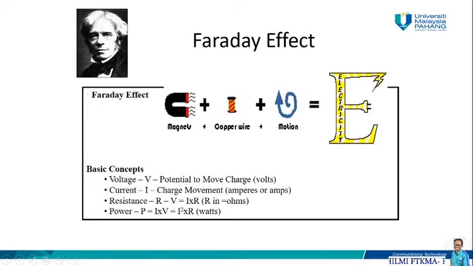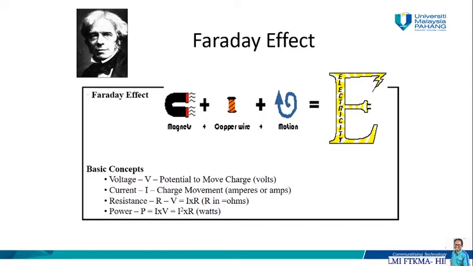We have resistance R, where from Ohm's law V is equal to IR, and R is in ohms. And we also have power P, given in watts, defined by the equation P equals IV, or equal to I squared R.